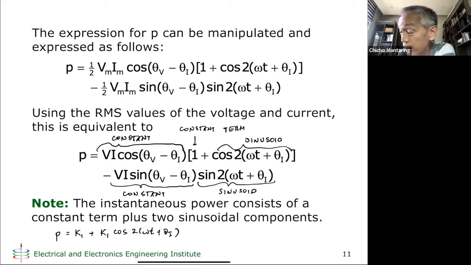So sabihin natin this is K1, this is K2, and then plus or minus K2 sine of 2 omega t plus theta I. So I have a constant term, ito yung K1. I have a sinusoid, K1 cosine of 2 omega t plus theta I, that is because of this. And then I have another sinusoid, K2 sine of 2 omega t plus theta I, which is because of this. Okay.